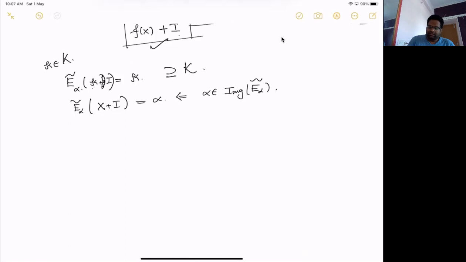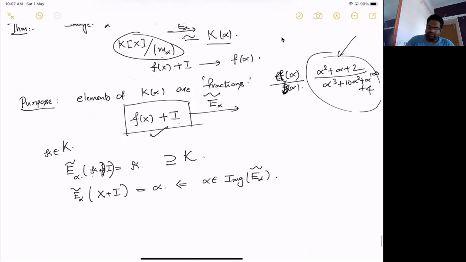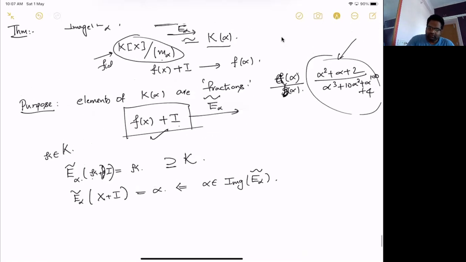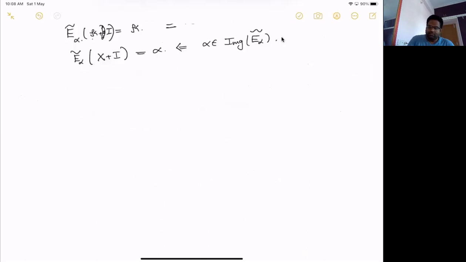And therefore, since this is a field and E alpha tilde is an injective ring homomorphism, this is a field sitting inside another field.